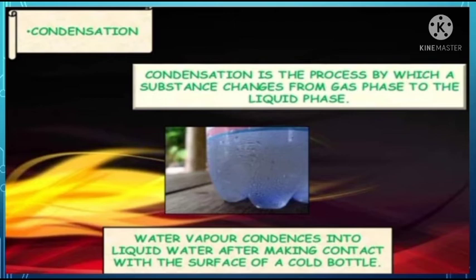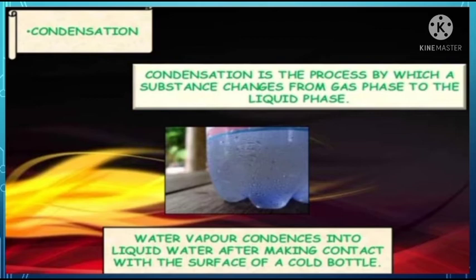For example, we take a hot solution in a vessel. It is closed by a plate. The vapor falls on the plate, so that vapor is converted into liquid again as droplets. This is called the condensation method.